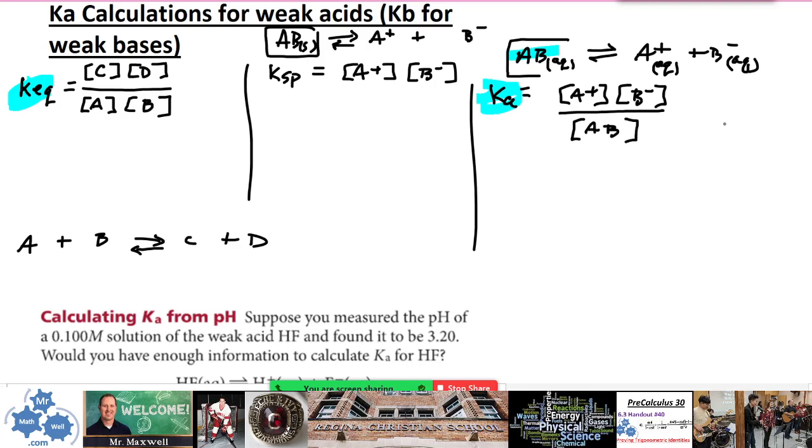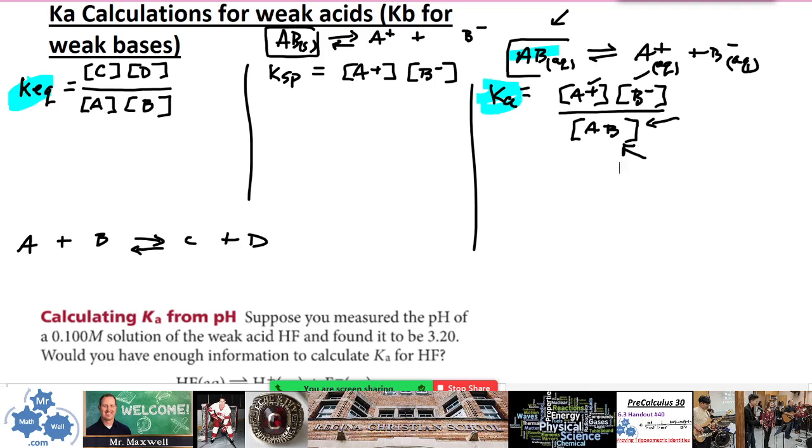Okay? And so for your Ka values of weak acids, you can't just multiply these. If you're given an initial concentration, you have to include that initial concentration in the Ka expression. Okay? And that's one important thing we don't want to miss there. Again, this is not a solid, so we would include it in this expression. It's at equilibrium, there are products, and there are reactants. All of these concentrations are subject to change.